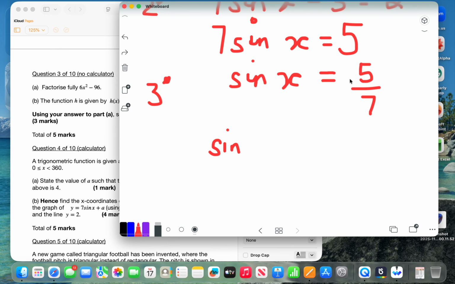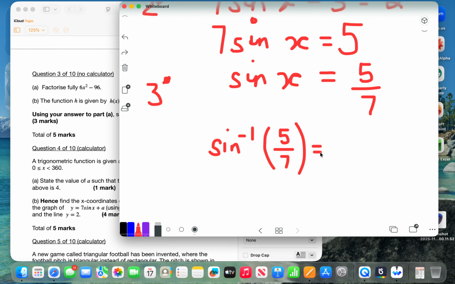You still want to put the positive, or what's known as the modulus. So the modulus of a number is take away the negative if there's a negative. So the modulus of 5/7 is 5/7. The modulus of -5/7 is 5/7. But we don't have to worry too much because we do have a positive.